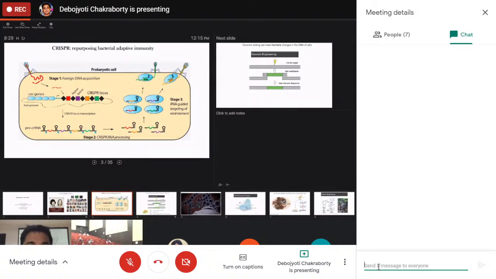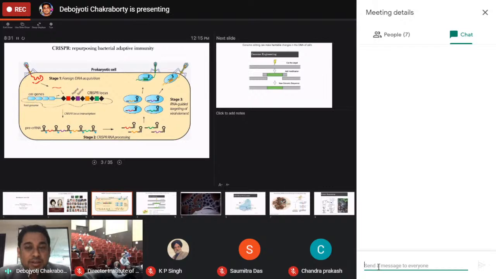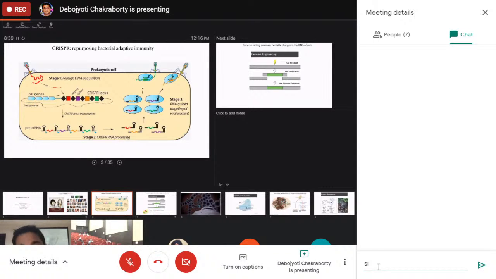It is so specific that it only does this for the viral sequence, and so timely that when bacteriophage A comes in, the matching RNA is produced and the immunity is directed against it. So this is amazing adaptive immunity present in a lower organism.